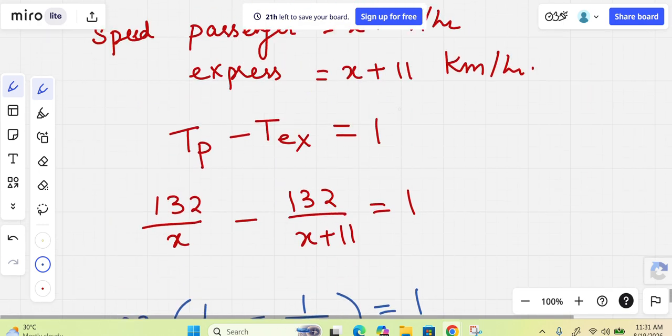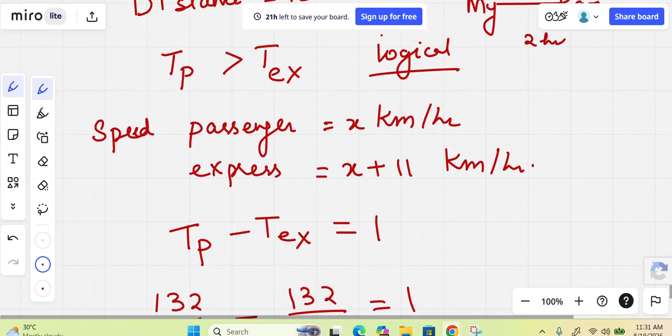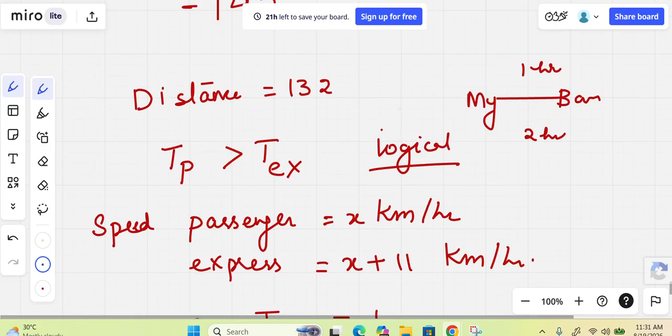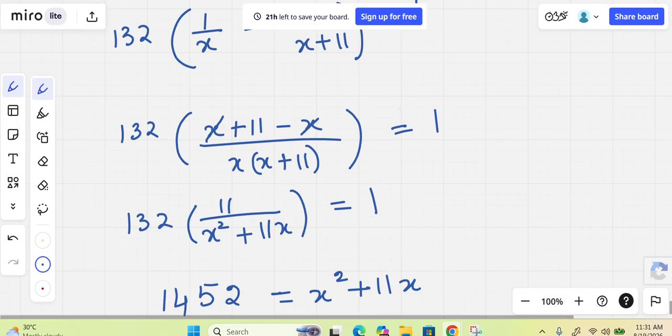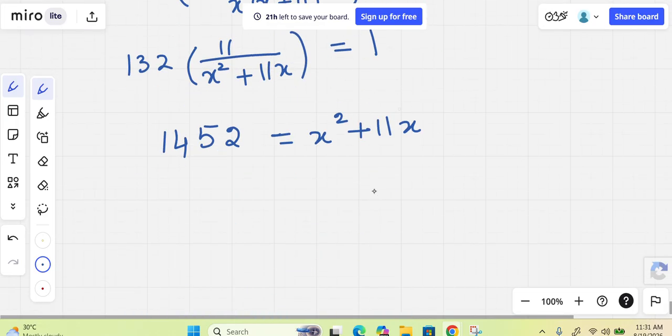What happened, Adi? Which part you want to check? Nothing, ma'am. You can scroll down. So now this is our equation, x square plus 11x minus 1452 equal to 0. So did you solve it?